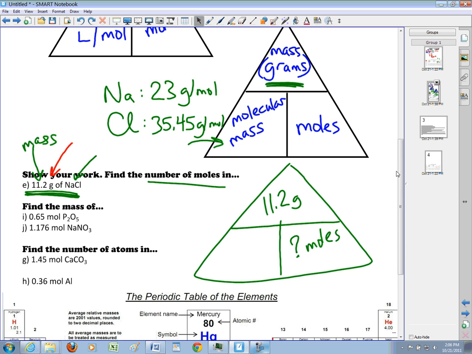Alright, I'm just going to get rid of this arrow out of the way. If I add those two together, I'll get the molecular mass of sodium chloride. So that equals 58.45 grams per mole. And I'm going to write that right here in my triangle. Grams per mole. Okay. And using this triangle, I know that this line here, the horizontal line, represents divided by.